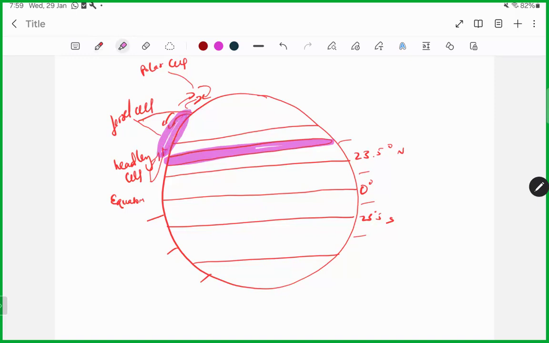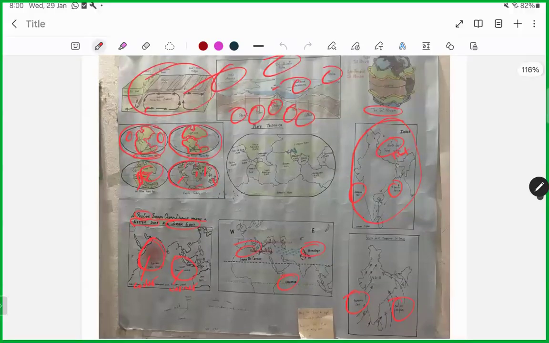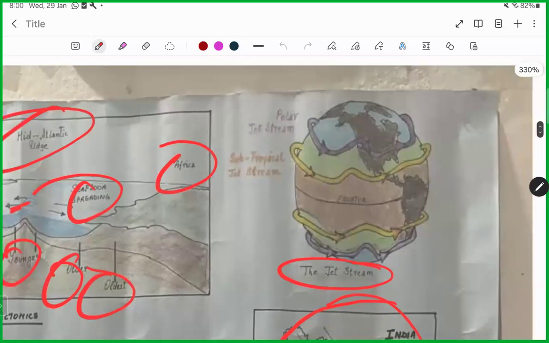In this area, one of the forces which also affects extratropical cyclones is the jet stream. Yesterday I showed you the diagrams of the jet stream. As you can see, jet streams do not occur at the equator or in the tropics.